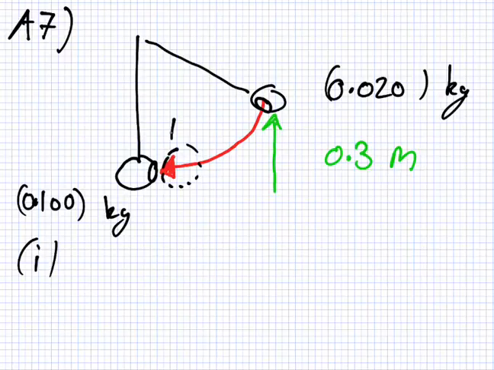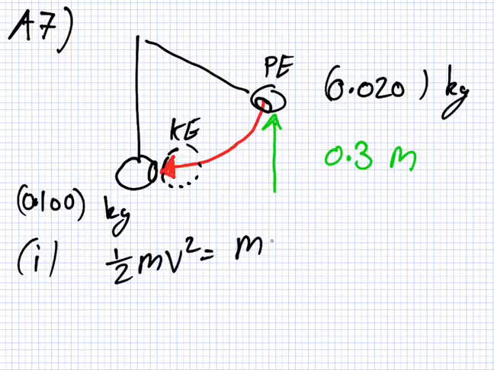Here, when the ball is here, we can say its kinetic energy will equal its potential energy here. So a half mv squared equals mgh. Well, the m's cancel, that's great.